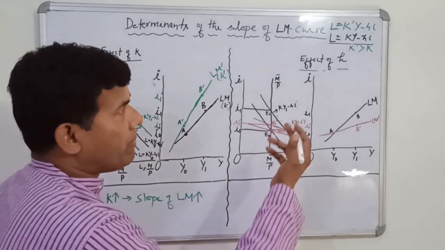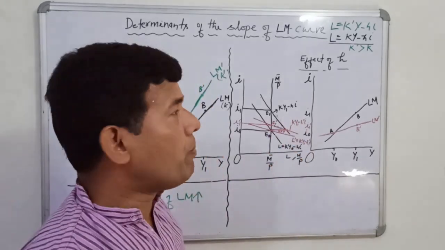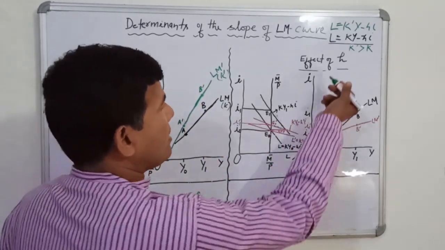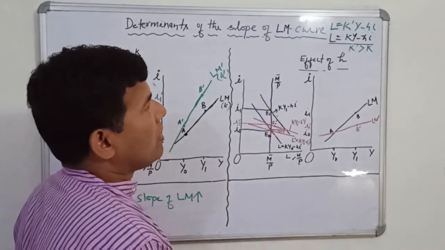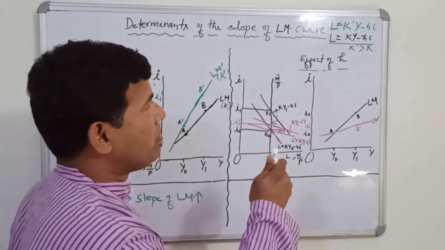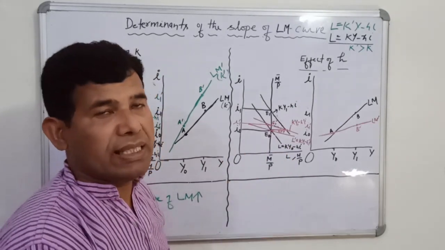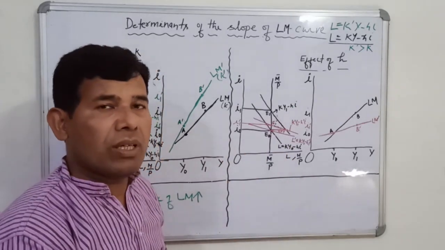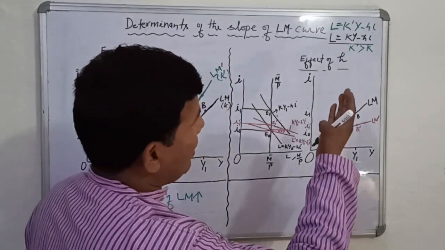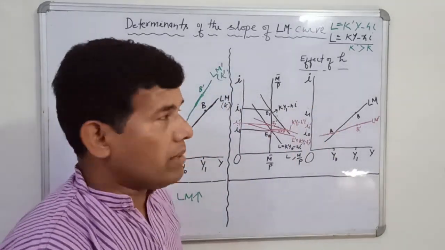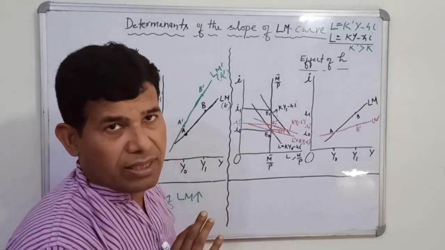Now the other factor which affects the slope of the LM curve is H. What is H? H is the sensitivity or responsiveness of money demand to a change in the interest rate. As we know, the rate of interest and money demand are inversely related.